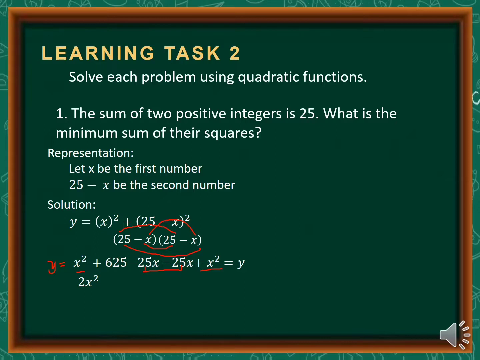May 1 dito, may 1 dito. Pag pinag-add, we have 2. 2x squared. And then, negative 25x minus 25x, we have negative 50x. Since same sign, pag-a-addin. Next, ang constant natin is 625. So, positive 625 equals to y. Next, what are we going to do?